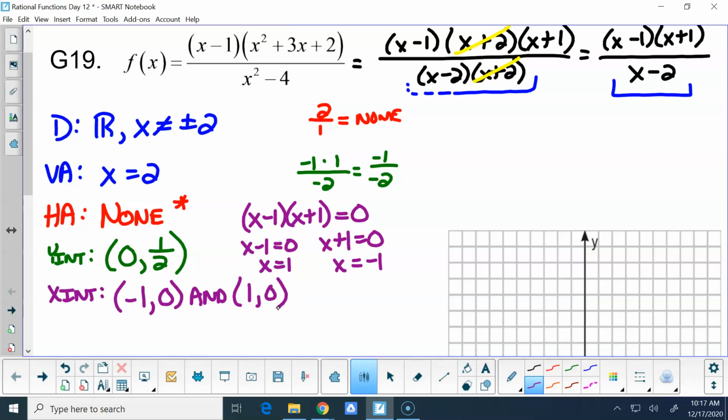Step 5 is the hole, something factored out. So we definitely have to figure out what the hole is. So what we factored out was x plus 2, we set that equal to 0, that gives us x equals negative 2. So my hole is going to be at negative 2 comma something. Plug in negative 2 into my new function.